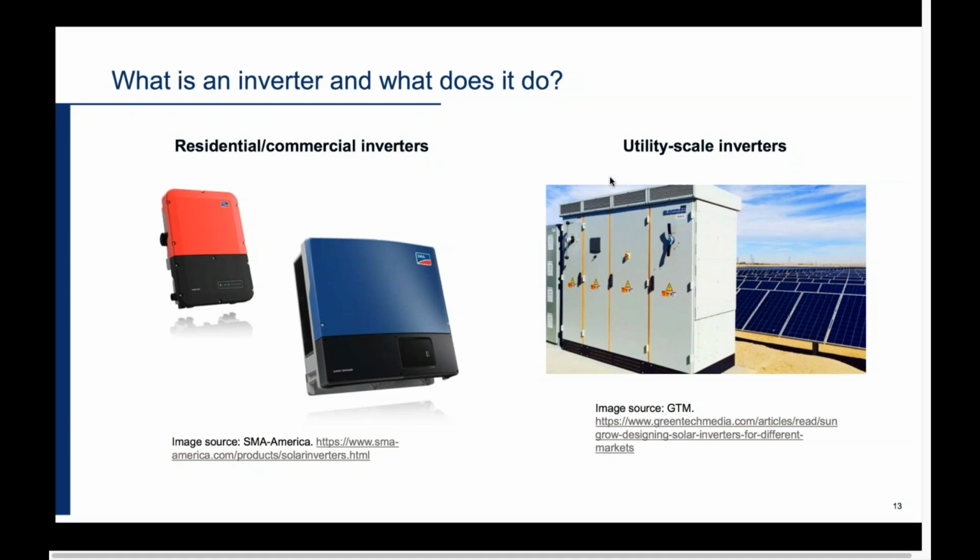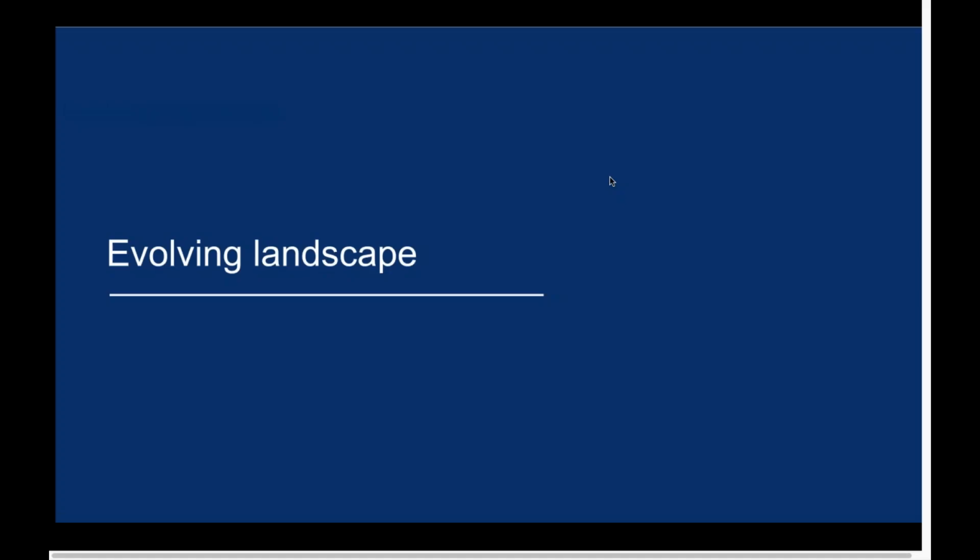Solar and storage are almost always DC, which means that power is not consumable in the local grid. That's the reason inverters convert it from DC to AC, making it controllable and usable. On the left, we have a picture of a residential inverter, which is pretty small, as opposed to the one on the right, a megawatt-scale inverter, which is huge.